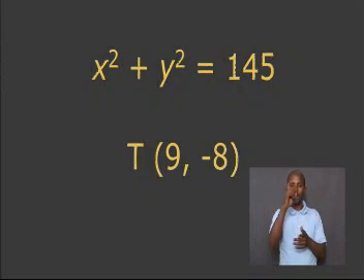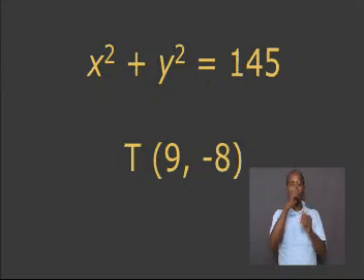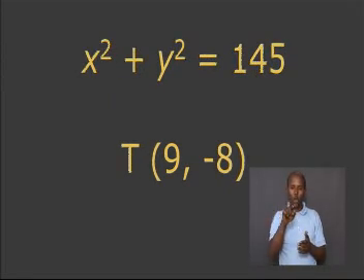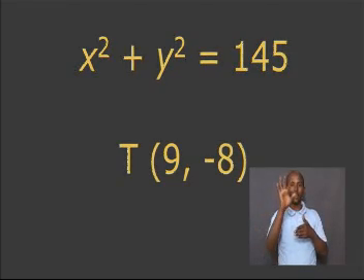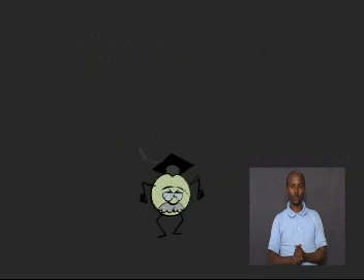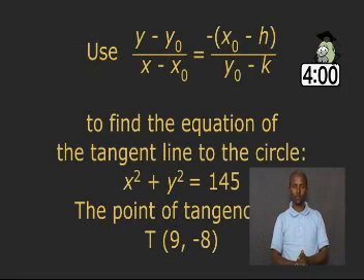Students, please use this formula to find the equation of the tangent line to a circle x squared plus y squared equals 145. The point of tangency is (9, negative 8). Students, let's get ready. Begin.